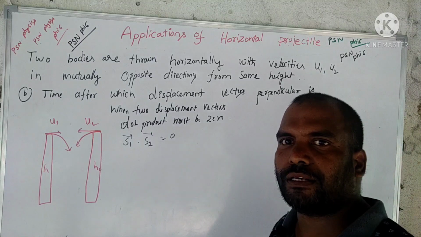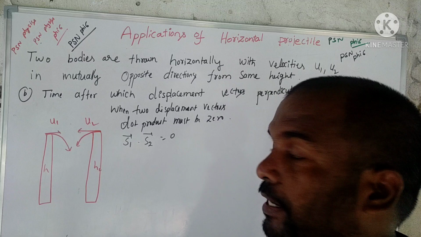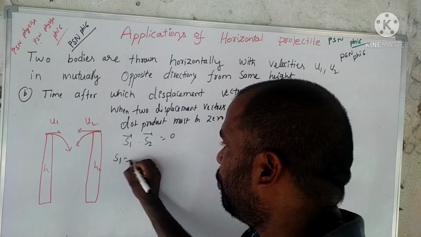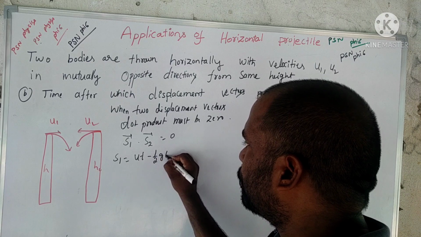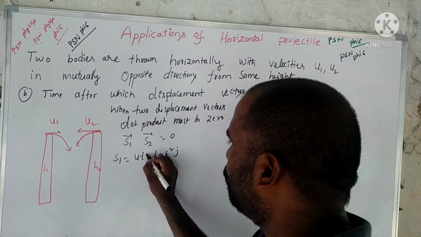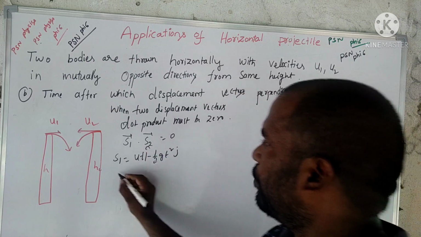Here we know the formula S is equal to ut plus half a t square, or here g t square. S1 is equal to u1 t i minus half g t square j.